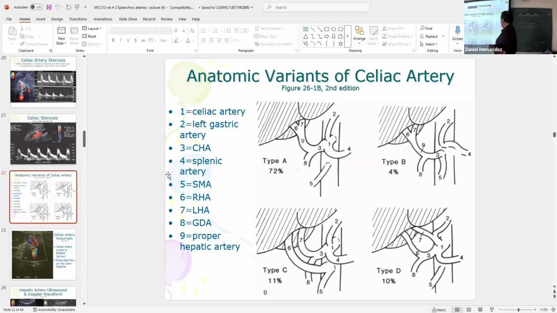Okay, we were scanning in her lab, trying to look at the hepatic artery. I want to say her hepatic artery was off the SMA. It was very interesting.